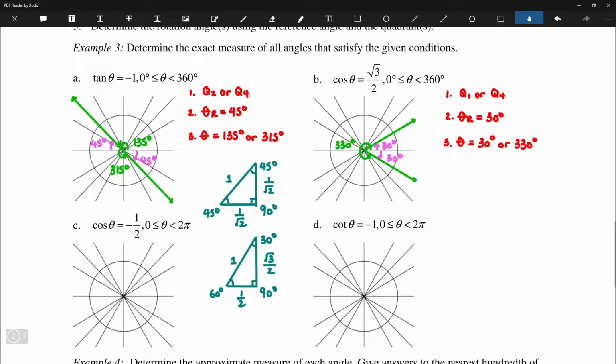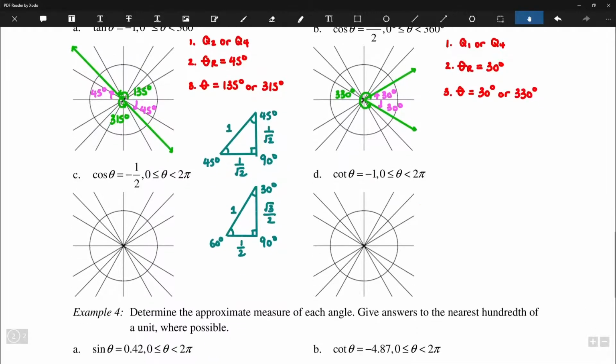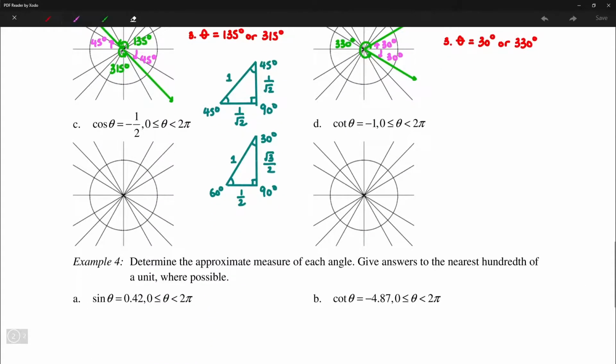Okay, so next up, cosine theta. So again, same kind of thought process. Cosine theta being negative, that will be in quadrants 2 or 3. So that's step 1. Step 2 is to determine the reference angle.